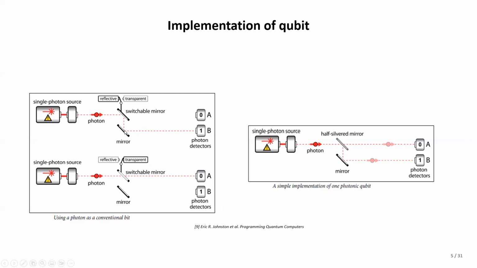It could end up here, one, or it could end up at zero, based on this switchable mirror, as you can see. It could be in the reflective condition, or it could be transparent. So it will lead to a different state of 0 and 1. Devices like these actually exist in digital communication technology.